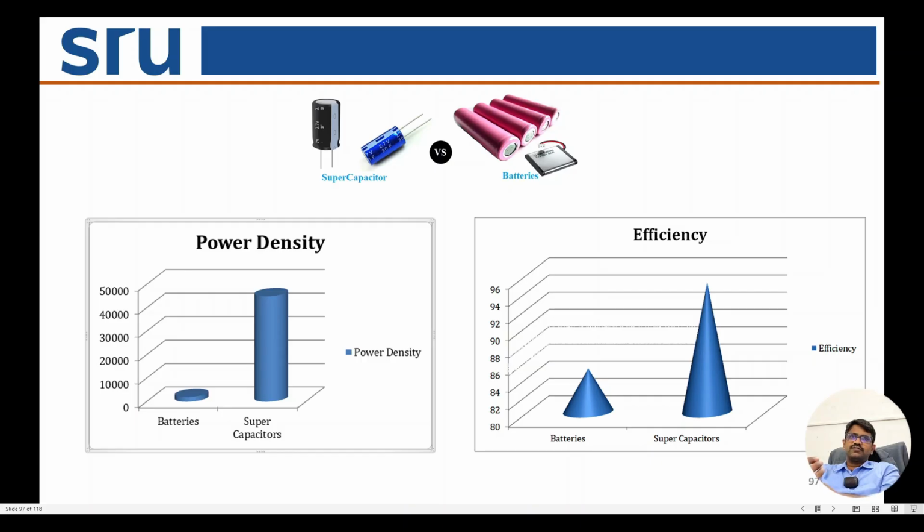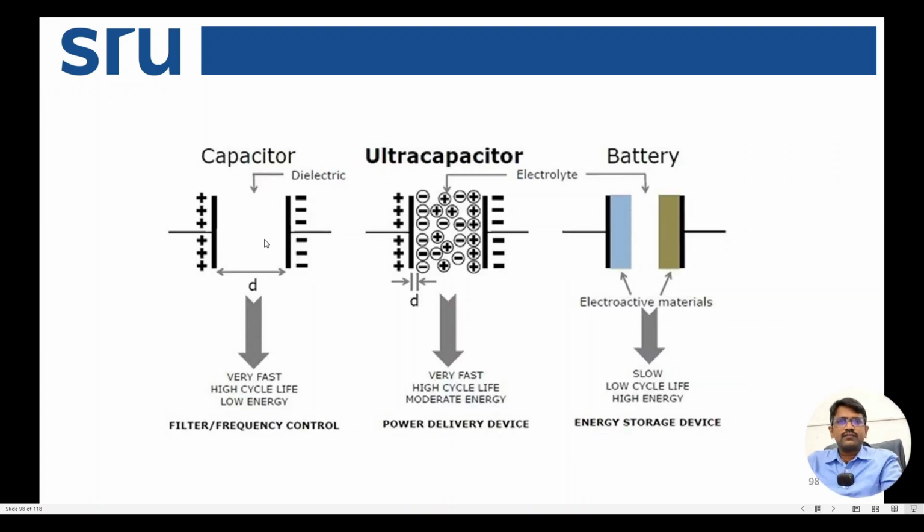This picture gives you the information about power density and efficiency. It gives the comparison between capacitors, supercapacitors, and batteries. Capacitors provide very fast charging and discharging, high cycle life, but low energy.